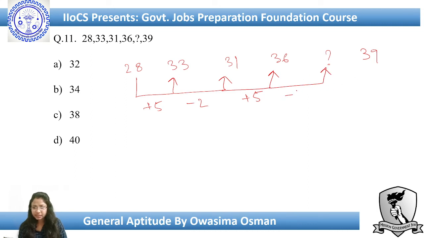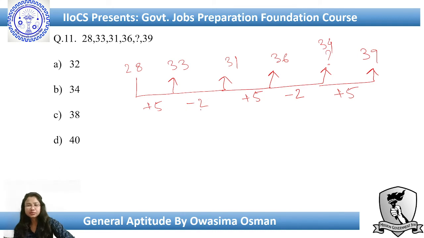Assuming 36 minus 2, then we will get 34, and again 34 plus 5 we will get 39. So this rule is followed in this series. One is plus 5 and the next term is minus 2. So our answer will be 34.